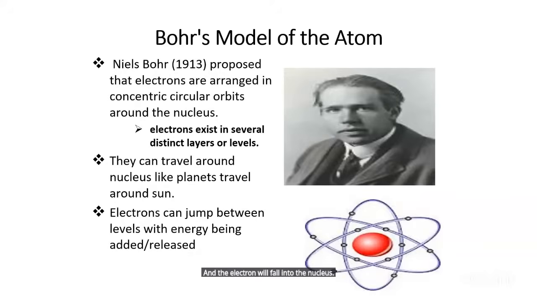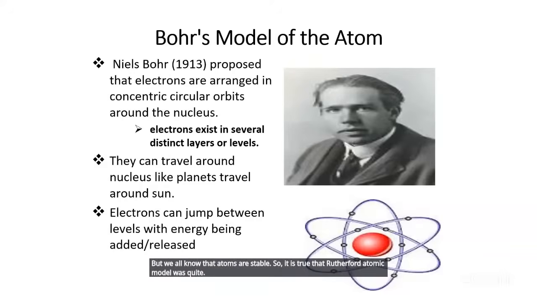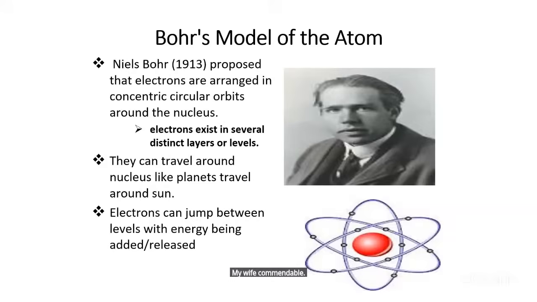What this means is that atoms are unstable, but we all know that atoms are stable. So it is true that Rutherford atomic model was quite commendable, but it was not very appropriate theoretically, because you cannot use it to explain the stability of what? Of atom. Now, what happens is this.